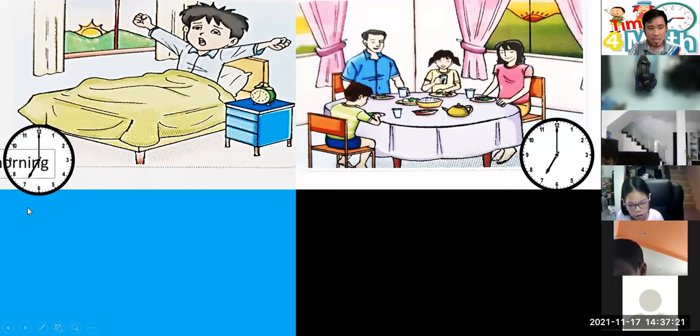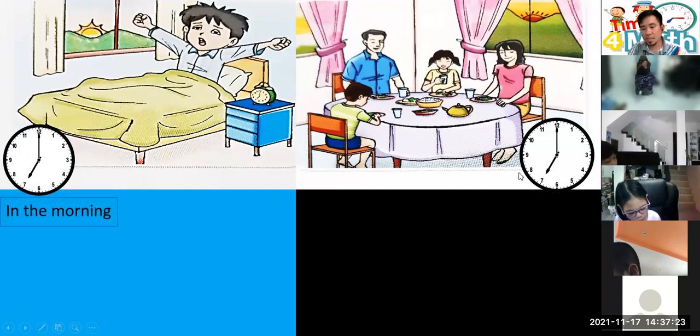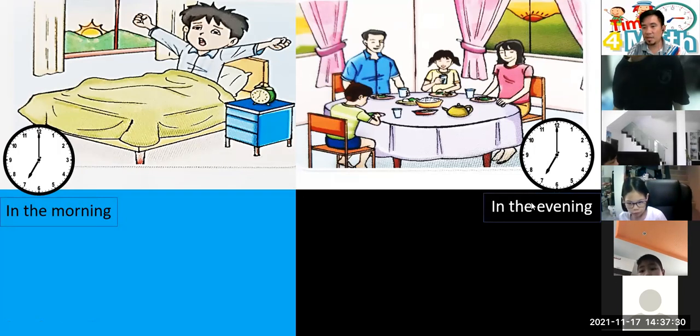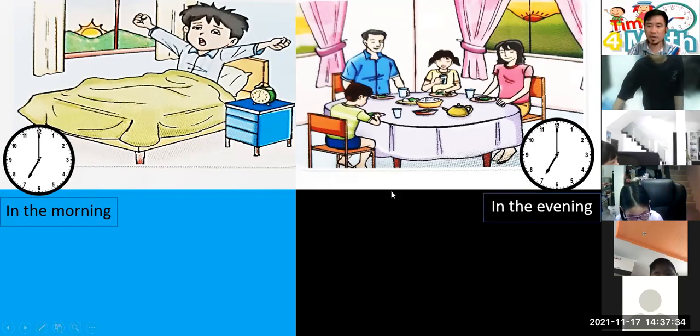The one on the left is in the morning, and the one on the right is in the evening.